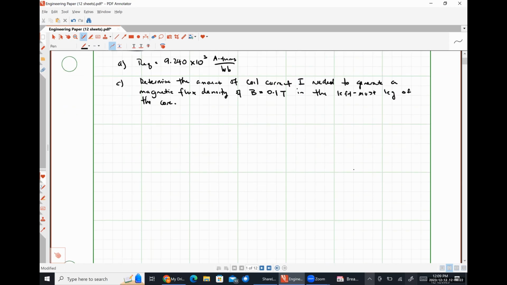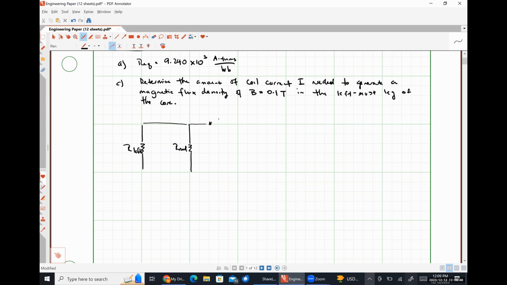So I'm not going to draw the core per se, but I am going to draw the equivalent magnetic circuit. So this is the reluctance of the left leg in its entirety. This is the reluctance of the middle leg in its entirety.